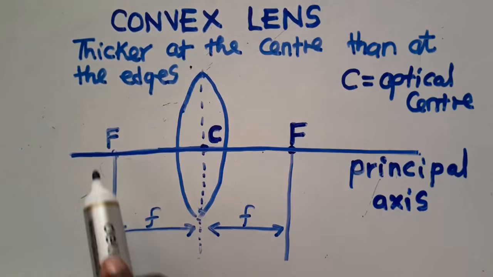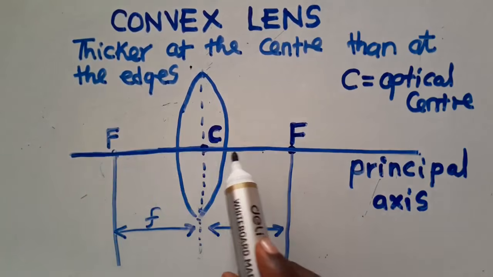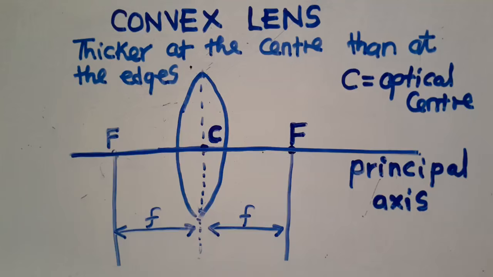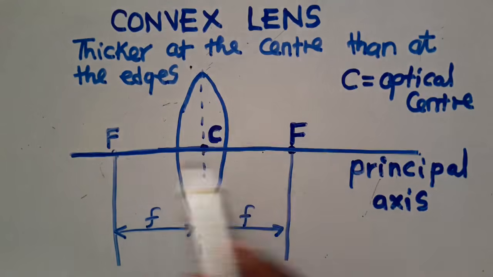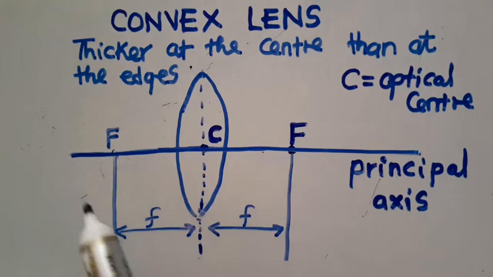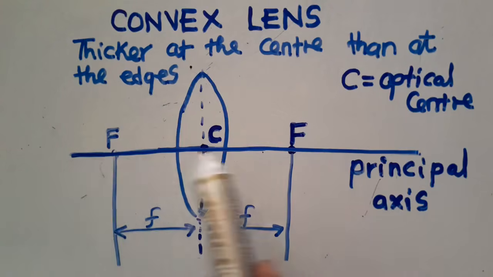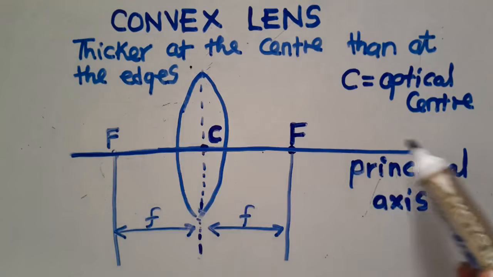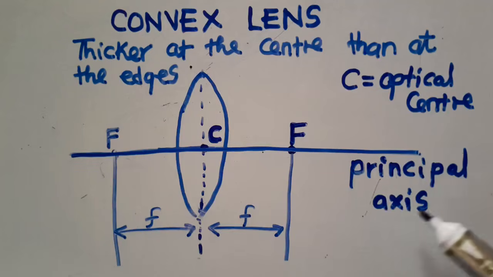This is the line passing through C and it is perpendicular to the plane of the lens. Have you seen? This is the plane of the lens. So the axis which is perpendicular to the plane of the lens is called the principal axis. This is what you need to know and understand.